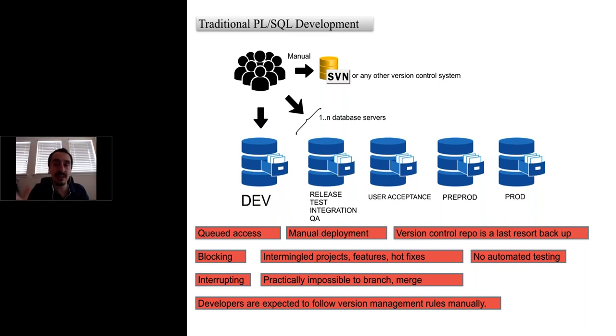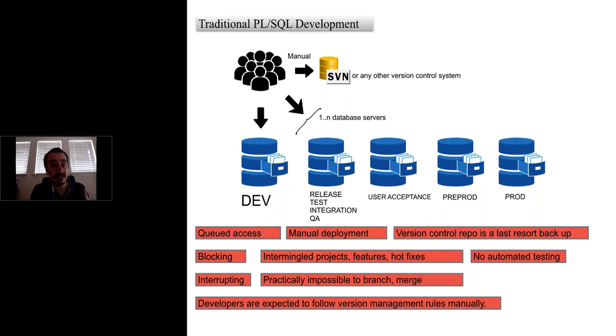The development ends up always being manual. So you always prepare the scripts manually and move from dev to test, and from test to user acceptance or to pre-prod. And there are always errors. The version control repo is the last resort backup. Nobody really wants to go there and trust the repo to do anything of significance.